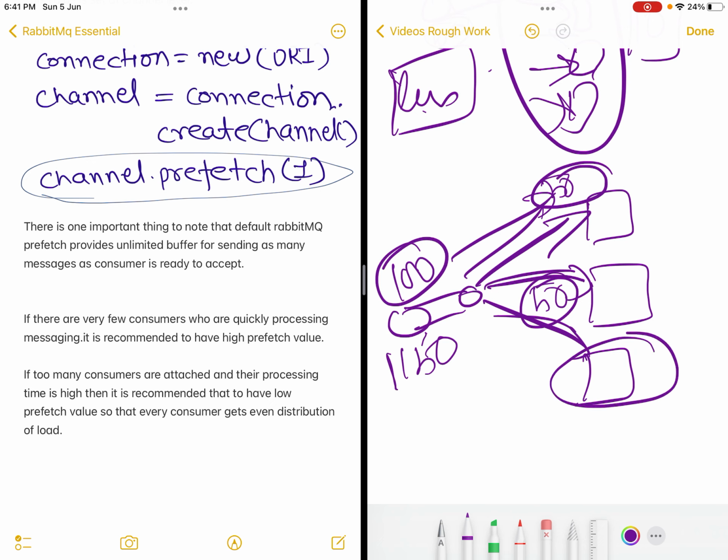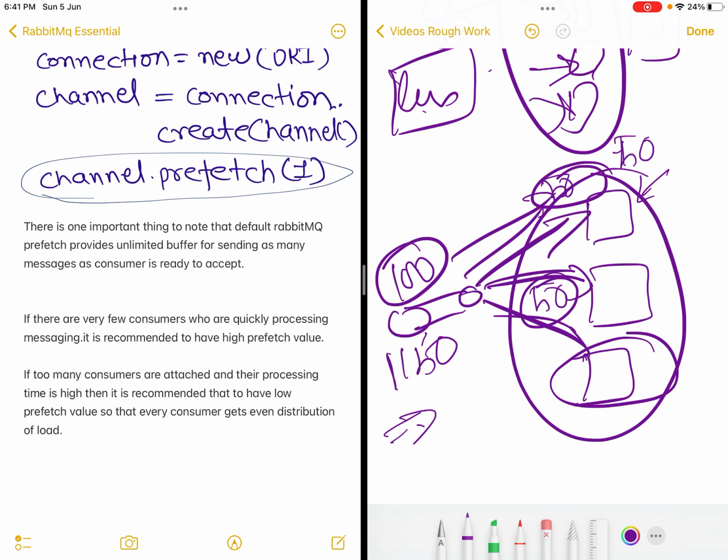But if you keep it very low, then your processors are not able to process pretty fast and their number is also small. So if you keep sending 10 to all the consumers, then ultimately a lot of time will go in the turnaround time, or the traveling time, or the network time.